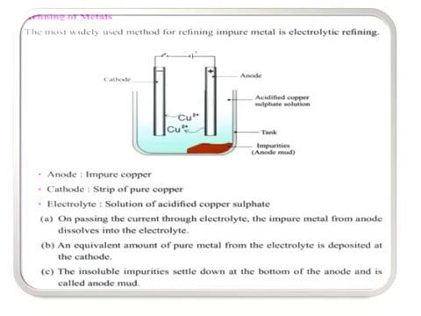What is the process involved in this? In this process, a thick block of impure metal is used as anode and a thin strip of pure metal is used as a cathode. A solution of the metal salt to be refined is used as an electrolyte.